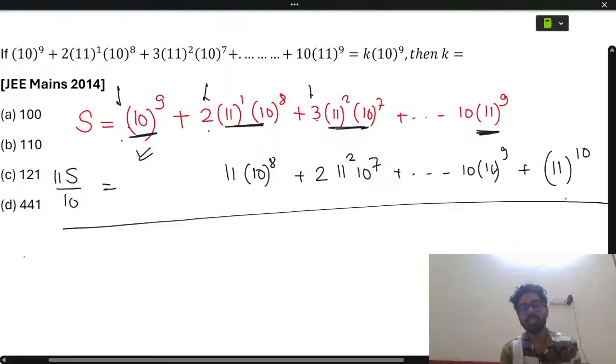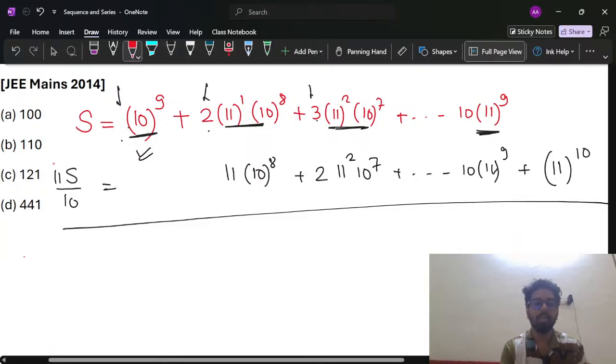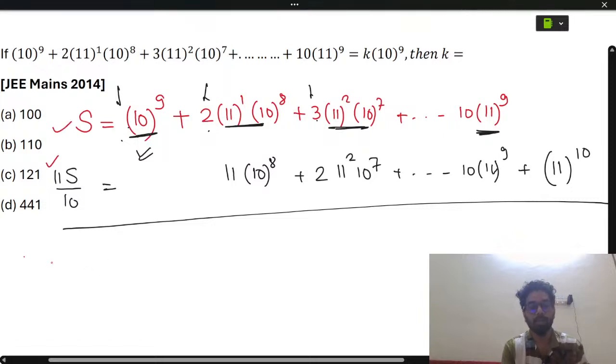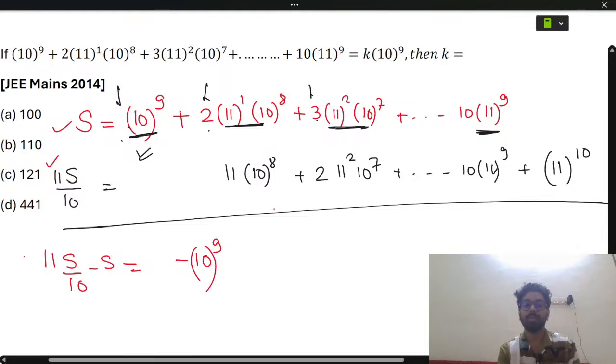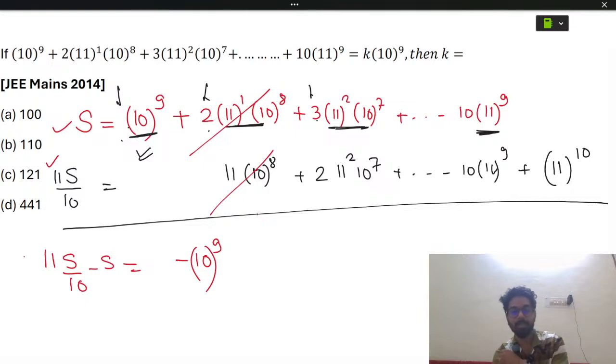Now you will subtract the terms. How will you subtract? I would like to subtract second minus first. Second equation minus first equation is equal to 0 minus 10 power 9, which is minus 10 power 9. Now this minus this is minus 11 into 10 power 8.